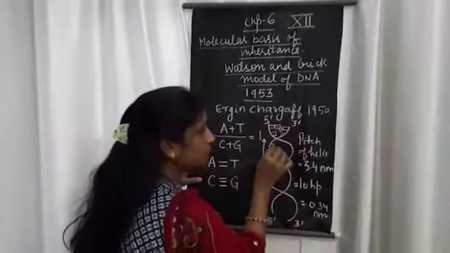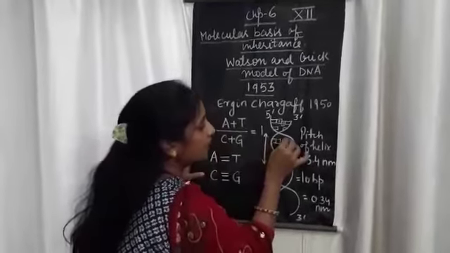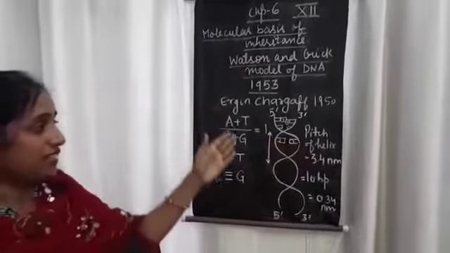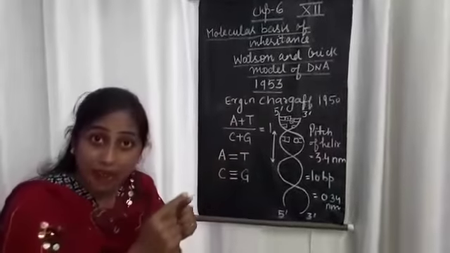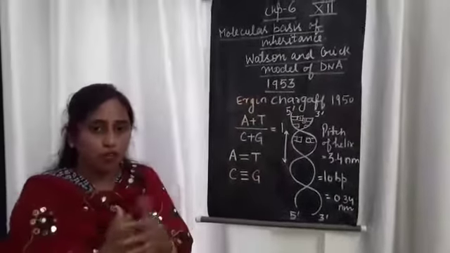So inside will be the sugar molecule, then the nitrogenous base, then again a nitrogenous base, then a sugar molecule. In this way, the two anti-parallel DNA strands will give stability to the DNA molecule.